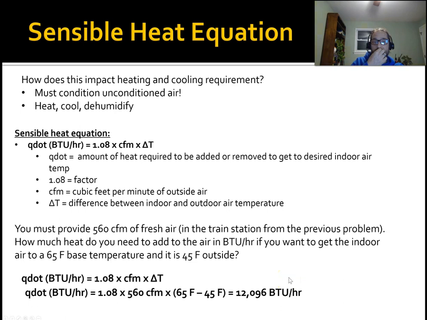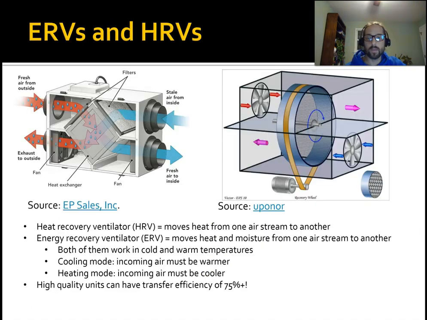And you could do it the other way: let's say it was 85 outside and you want to cool it down to 65, you would have to remove 12,096 BTUs per hour. At that temperature, you'd have to constantly remove that much heat at that rate.